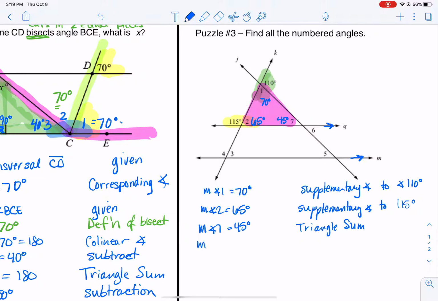Then I can say that the measure of angle 6 is 45 because it is a vertical angle with angle 7.